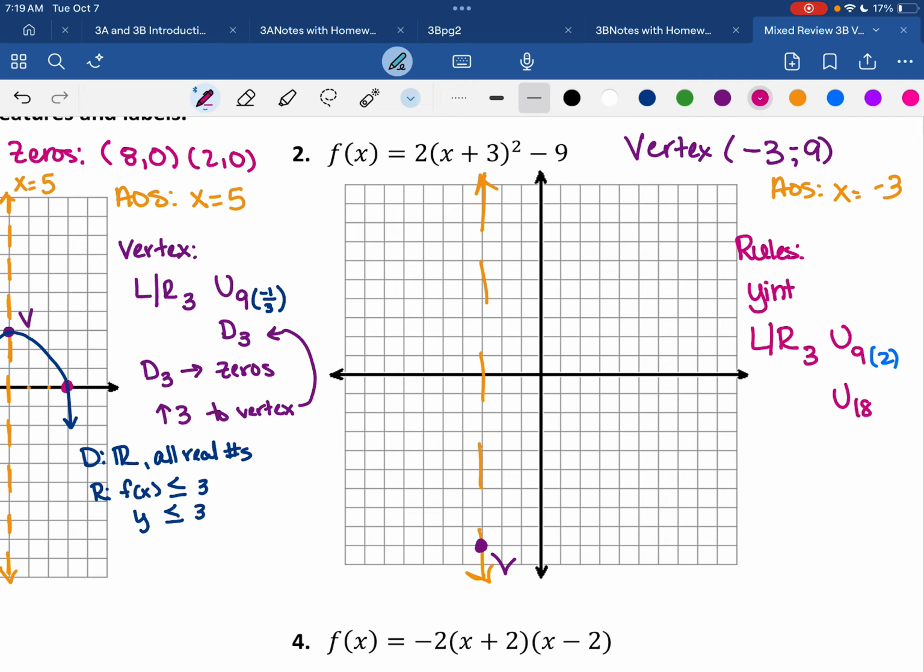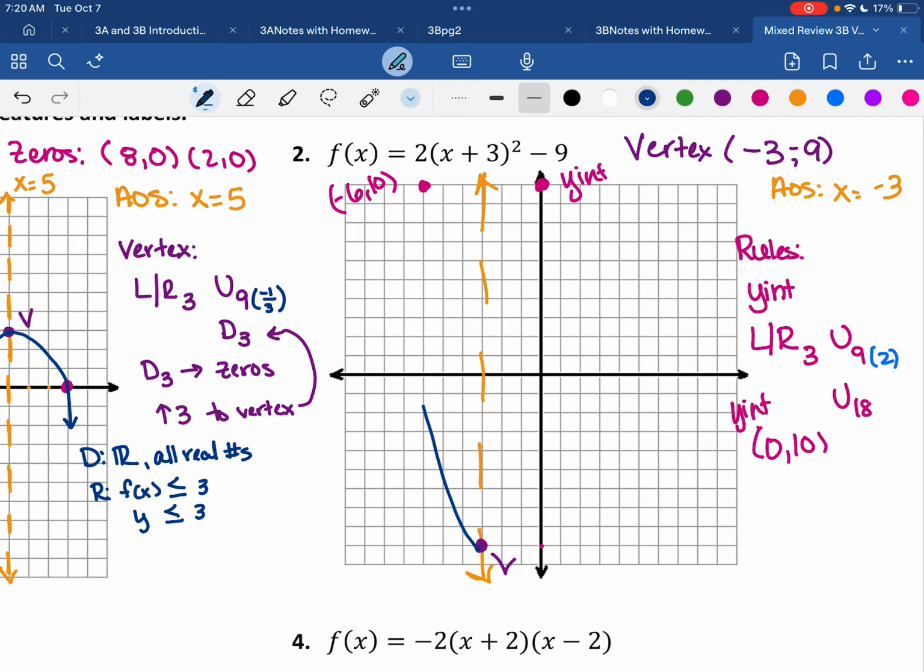Since I'm not working backwards, I'm just going to go onto the y-axis here and count up 18 spots. When I count up 18 spots, this is 8, and then that's 10. So I'm going to plot my y-intercept right here. My y-intercept is at 0, 10. And when I mirror it, this point over here is -6, 10.